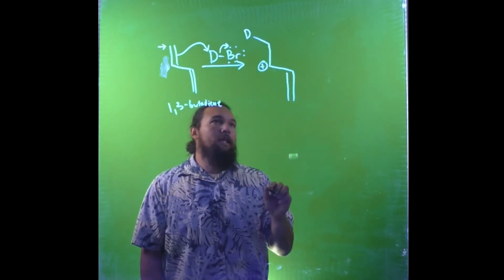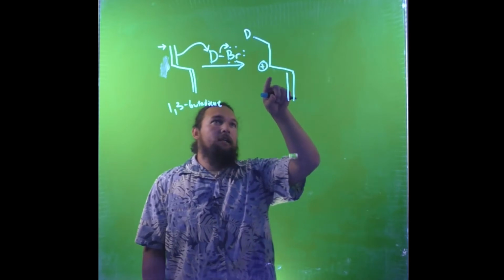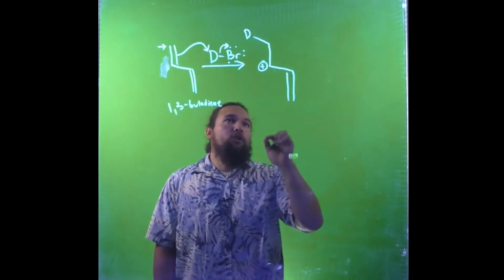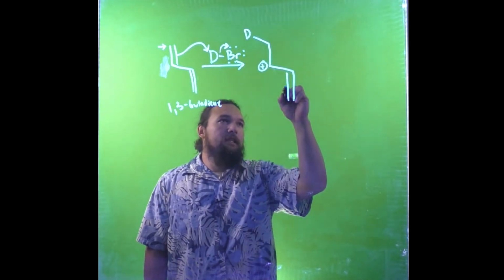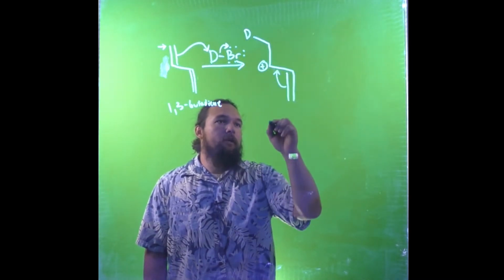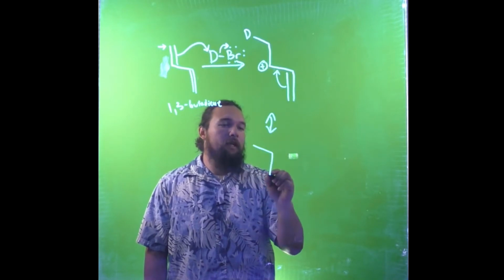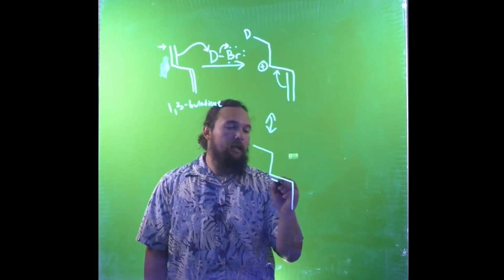What this leaves us with is an allylic carbocation, which is resonance stabilized. We can show that if this pi bond here moves up here, we can then show through resonance stabilization that we get this product here.